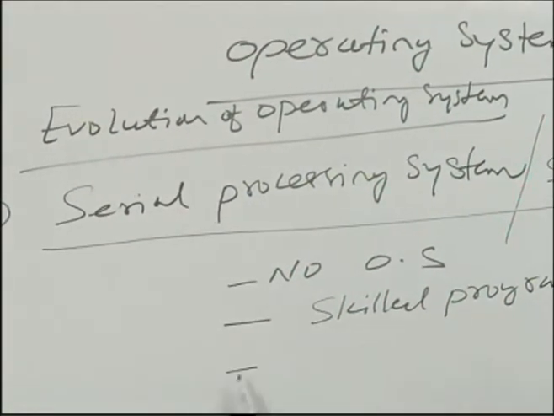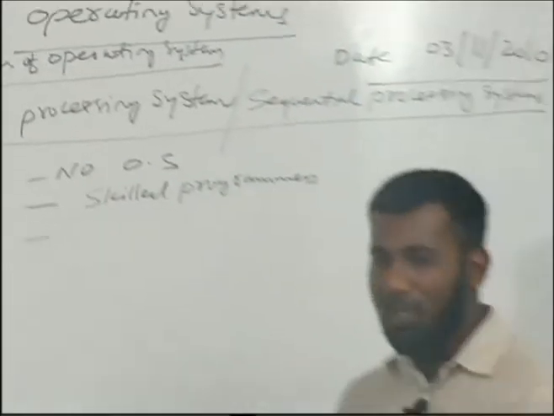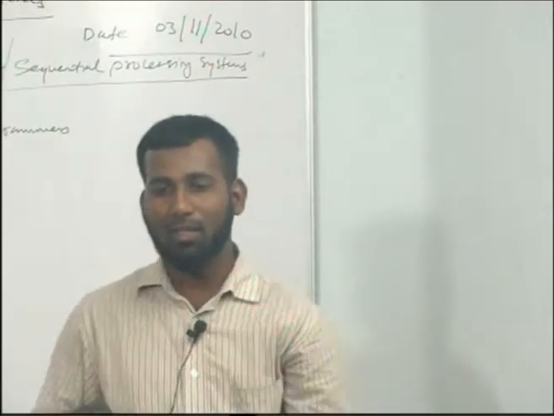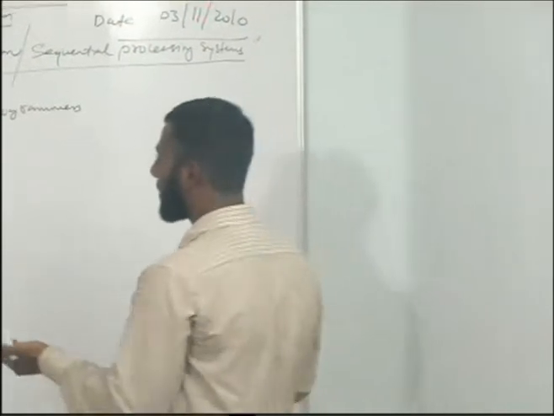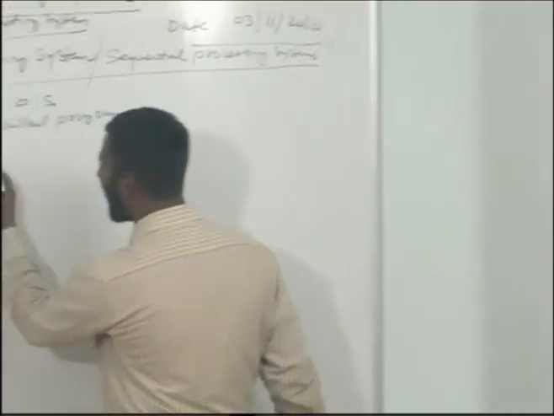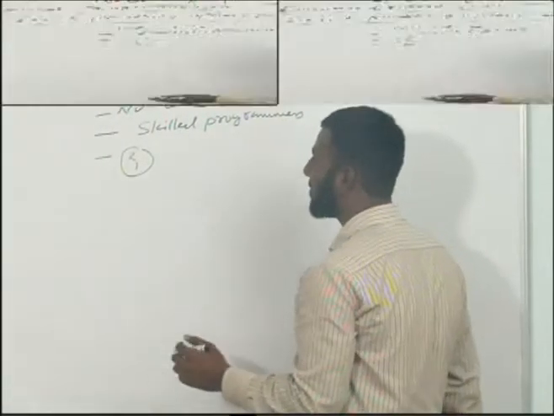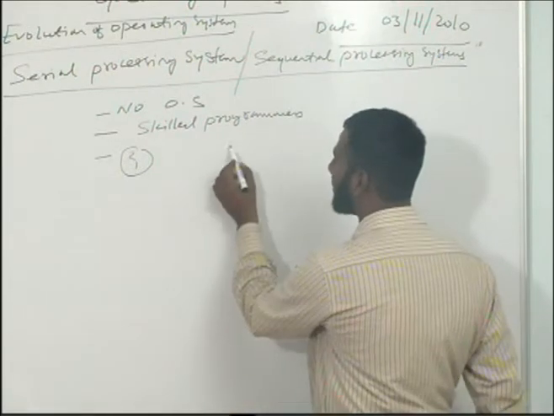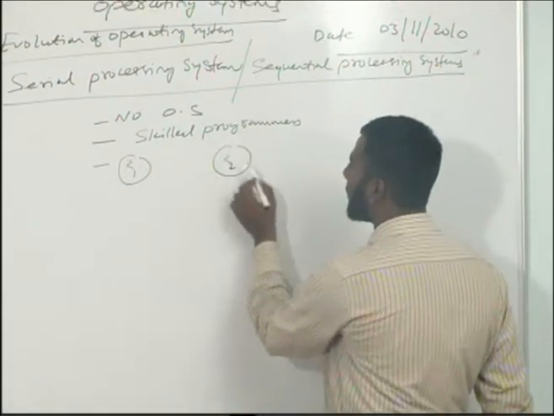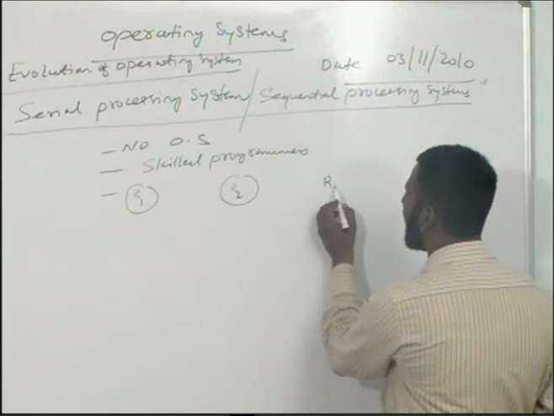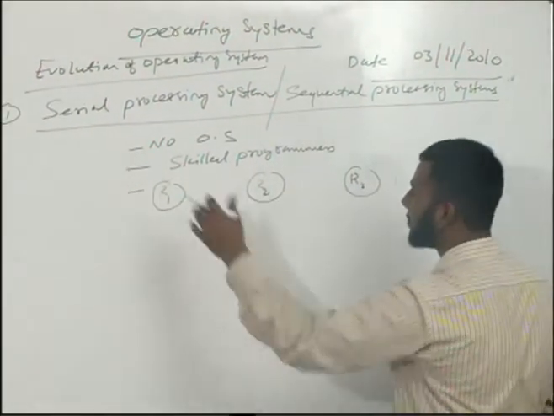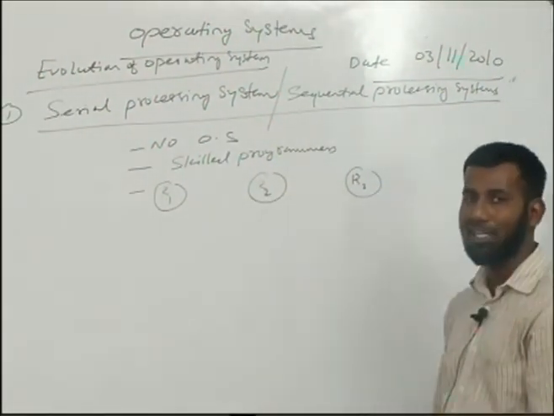The problem was typing onto the card and reading this card. For typing onto the card, we go to room 1, for reading the card we go to another room, and for taking the printout we go to a third room. There are different rooms dedicated for different activities.